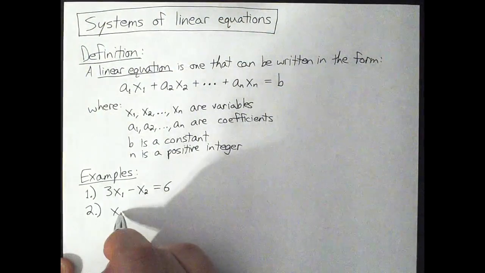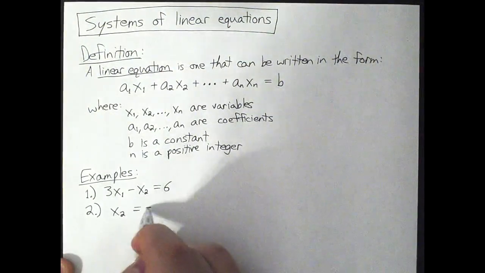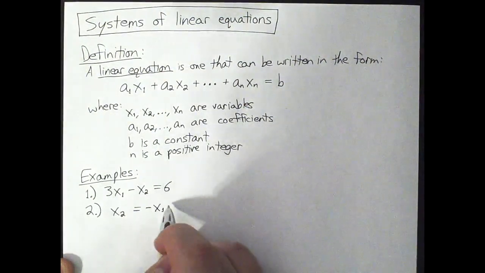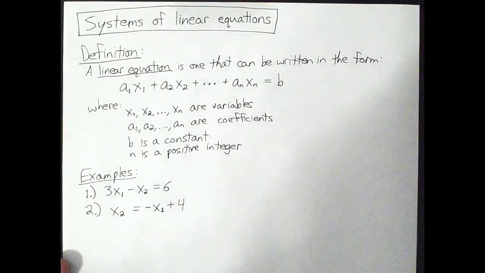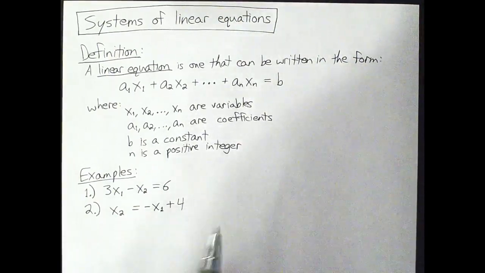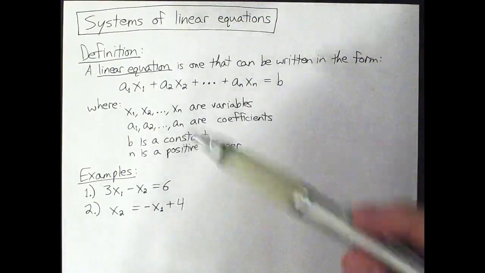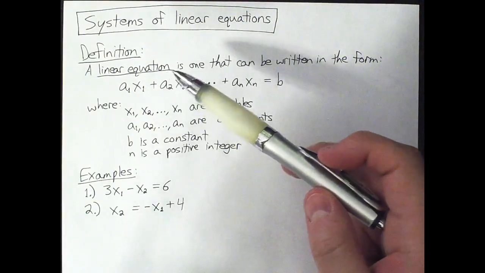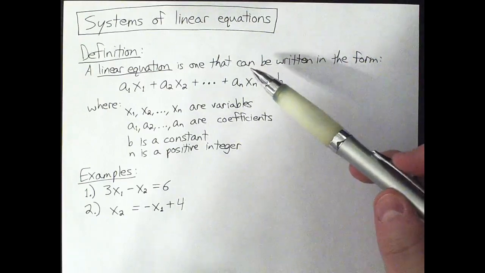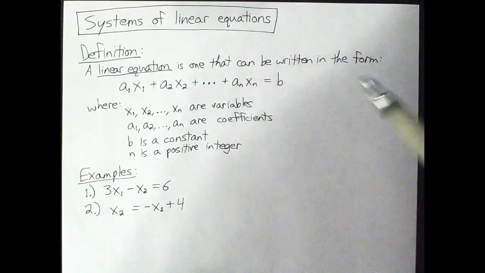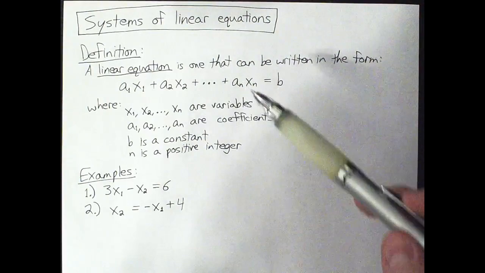Another example would be x2 equals -x1 plus 4. Now you might look at this one. This is a second example of a linear equation. You might say this doesn't really look like it's in that form. Well, that's true, but remember, the definition just says it's an equation that can be written in this form. It doesn't mean that it has to be written in this form.